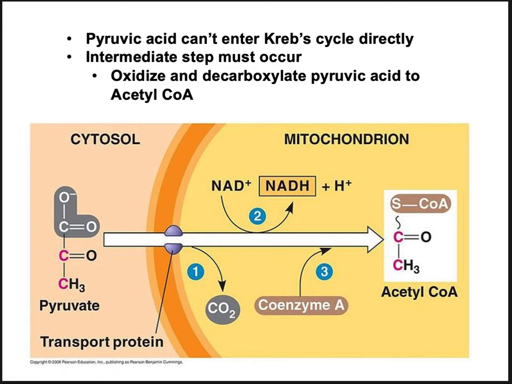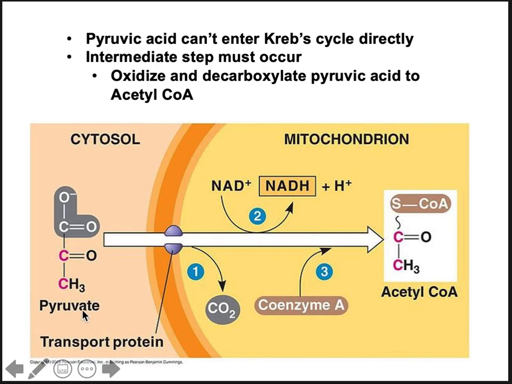So coenzyme A gets added on to basically take the place of the carbon dioxide that we removed. And that molecule now is acetyl-CoA, and it's ready now for the Krebs cycle. And of course, you do this twice because you're going to have 2 pyruvic acid molecules.